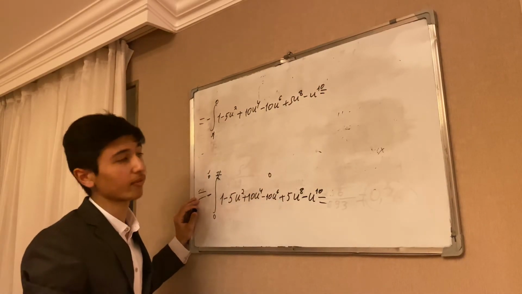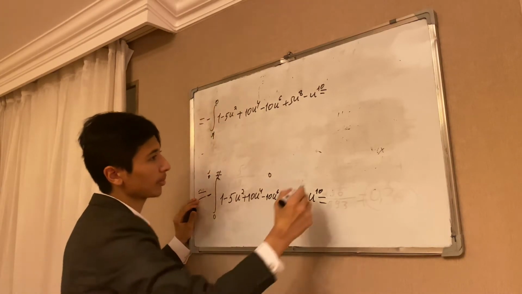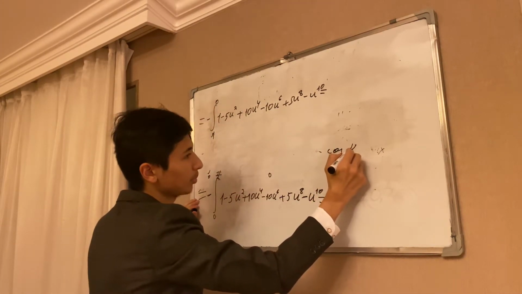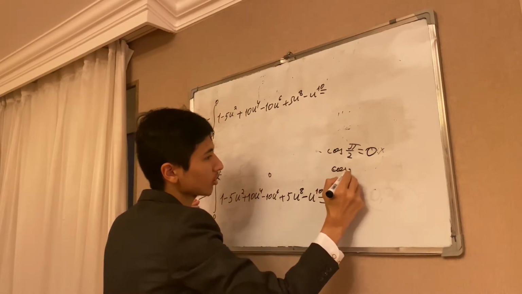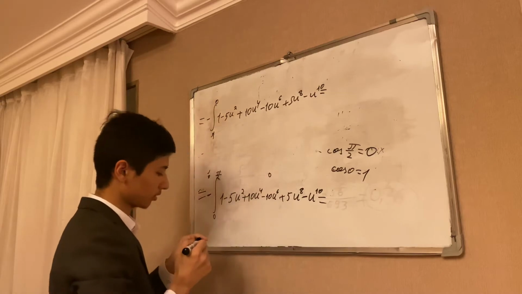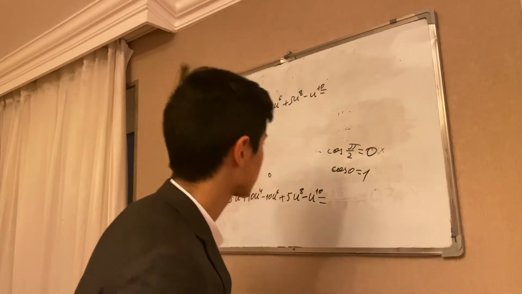You can ask me why I wrote 0 and 1, because cosine pi over 2 is equal to 0, and cosine 0 is equal to 1. And let me erase.